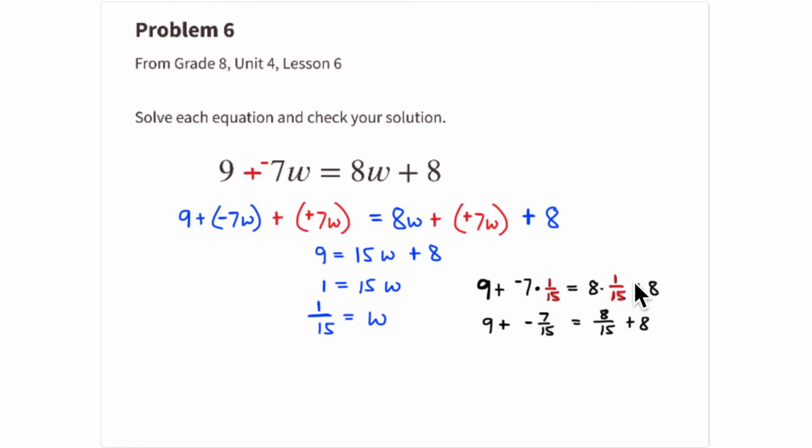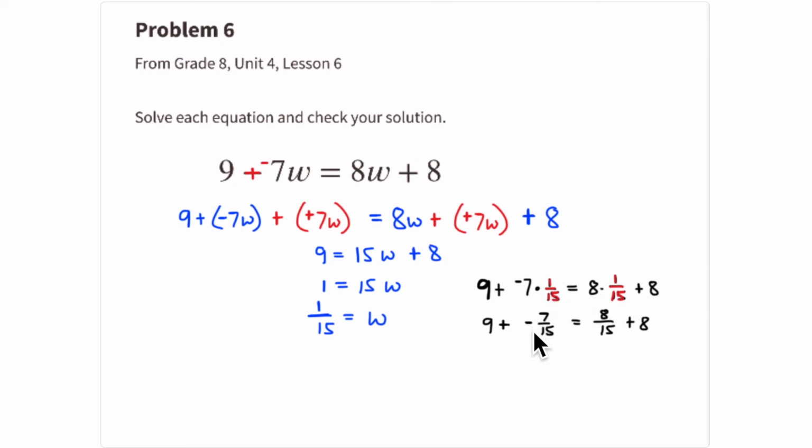I would have gotten a positive 15 times 1/15 on this side, because 8 plus this 7 would be 15, and this would go to 1. So it'd be 1 plus 8 would equal 9, and you'd be left with 9 on this side.